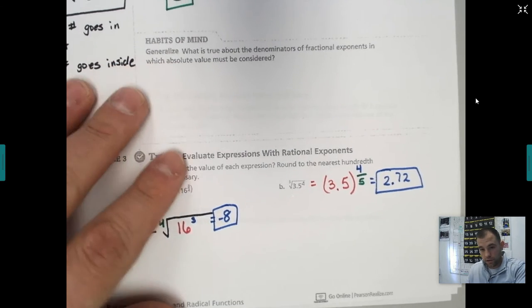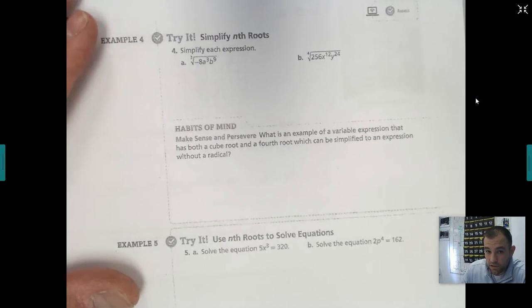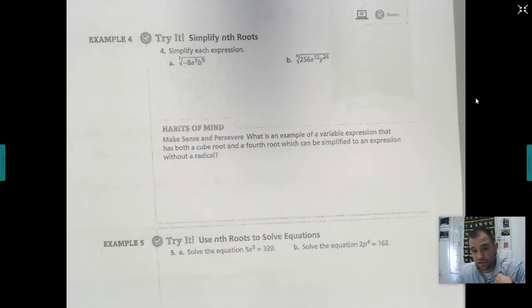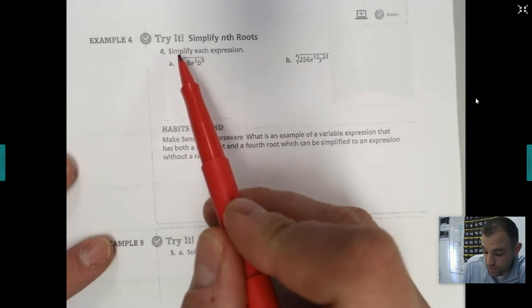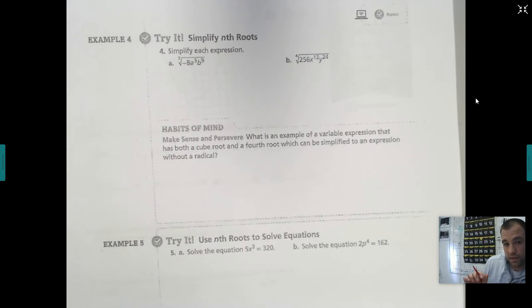These next ones are a little bit harder. All right, so now we're going to look at example 4. Okay, now it wants us to simplify, but now it gives us numbers and variables. So the easiest way that I think to do this is, now it says the cube root of all this, I'm going to split this all up into separate pieces.